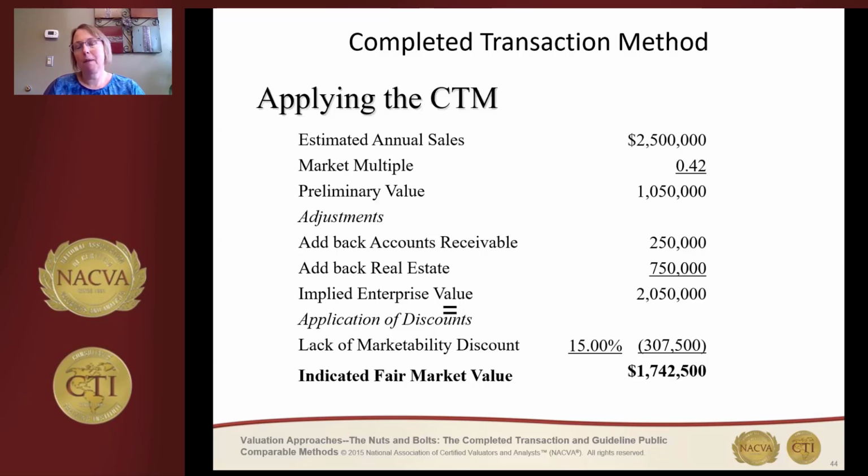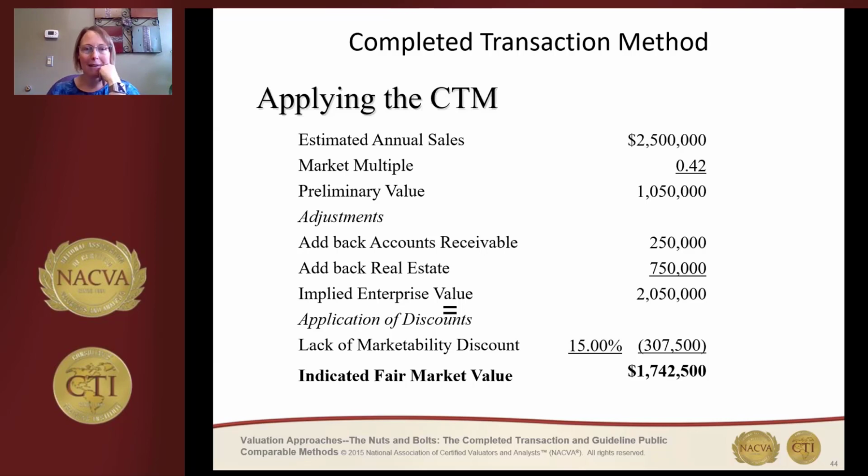Remember, some items aren't included, some might be non-operating. Here we're adding back our accounts receivable and our real estate. And our actual enterprise value in that case is 2.05 million. And then on this one, we're saying there's a marketability discount of 15%, so we have to take 307 off. Our indicated fair market value is 1.7 million.